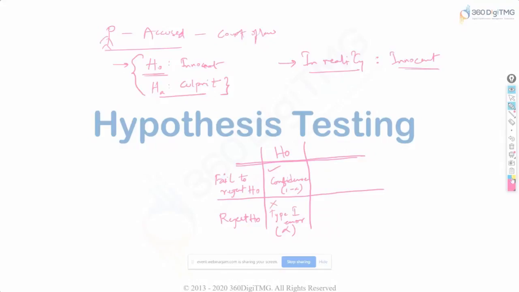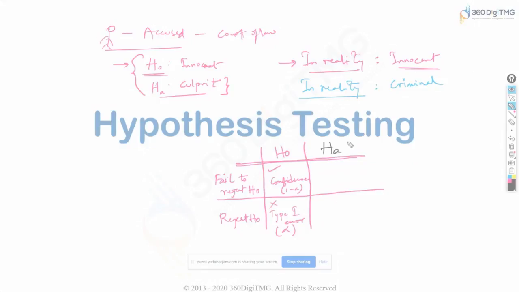Now, the second case. In reality, let's say the person who was accused is actually a criminal. He did commit the crime. That means in this table, now it becomes HA being true.